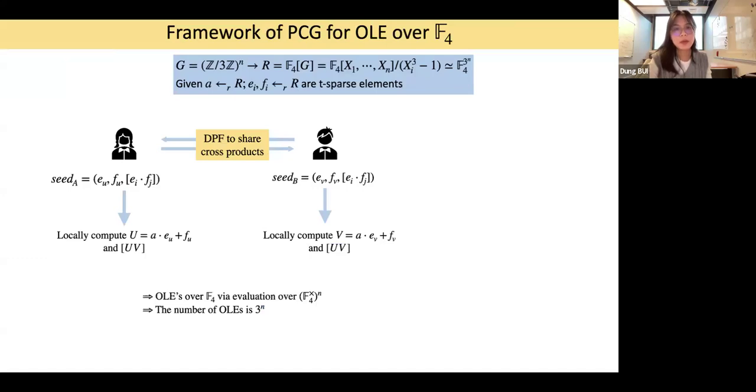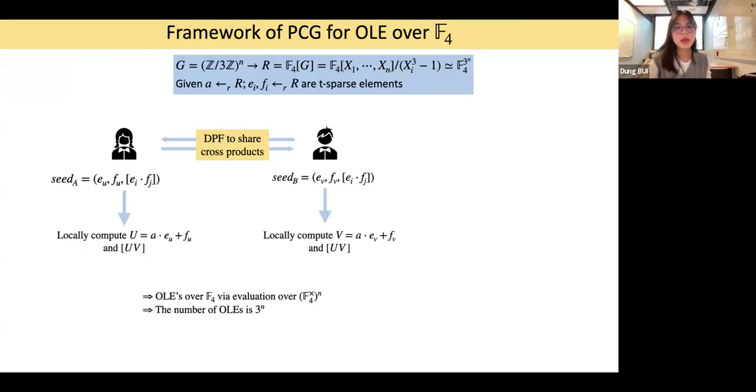So I already presented the framework that gets the BCG OLE over a big field, and now we adapt the framework to get exactly the BCG over F4, and later we go down to the Beaver triple over F2.